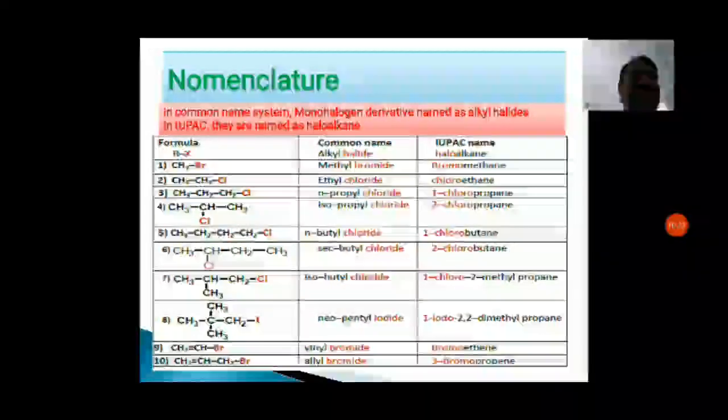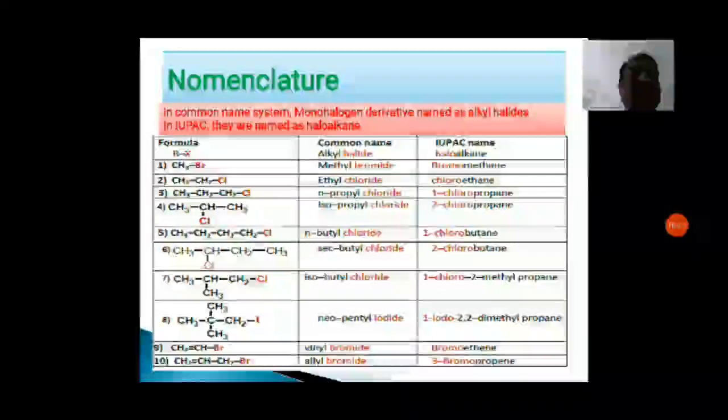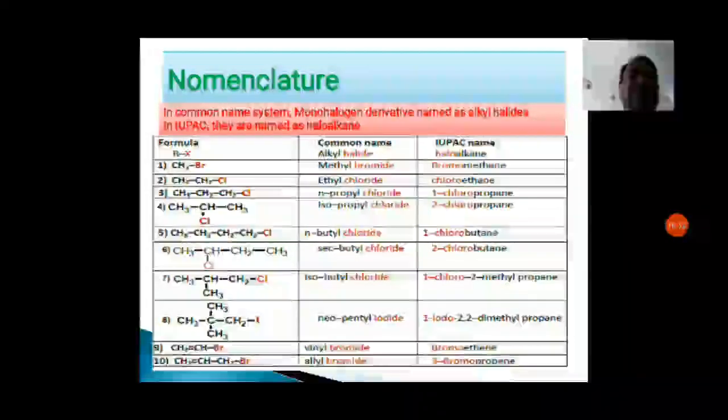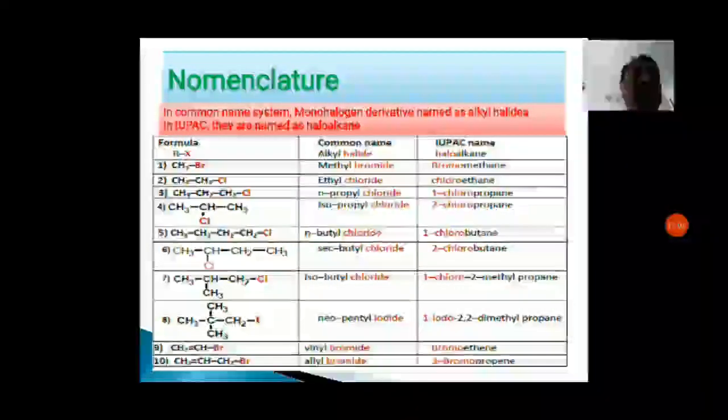In this example, it is an isobutyl group, CH3CH and CH2. This is an isobutyl group, and the halogen atom is chlorine, therefore its name is isobutyl chloride. Why is it called an isobutyl group?